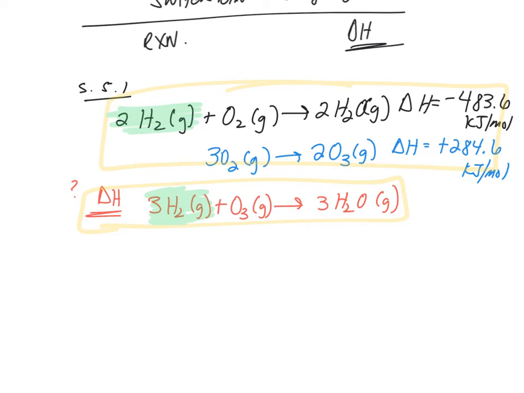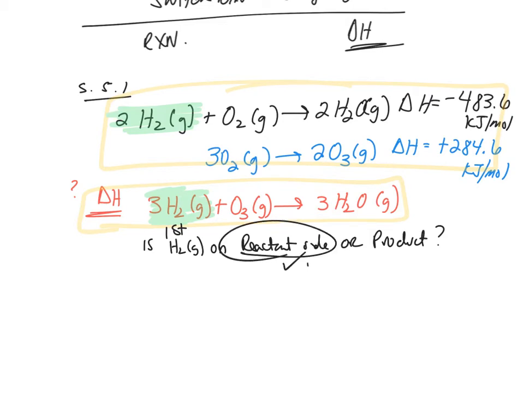And then I say, okay, so I just do this one first. Is the hydrogen gas on the reactant side or the product side? Because they need to be on the same side. They're both on the reactant side. So I don't have to rearrange it. Okay, so that's the first thing I do.